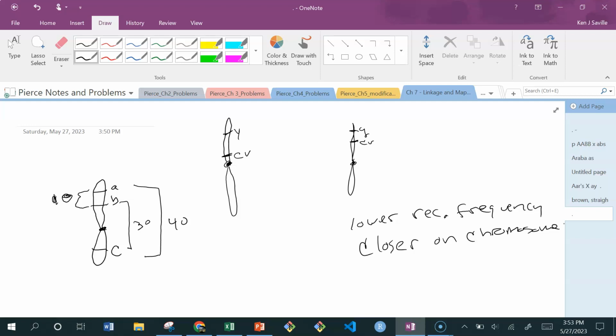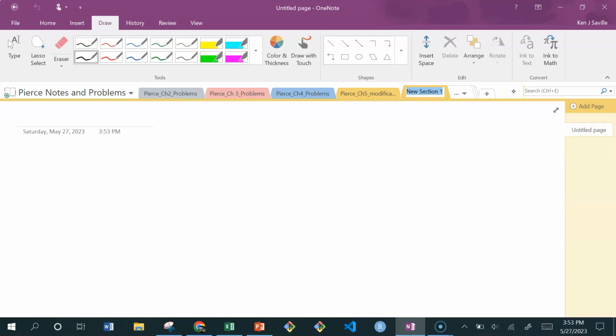So how do we use that info to make a genetic map? So let's say we've got 3 genes. We've got the A and the B gene, and we do a cross. And the way we figure out these numbers, we're going to say genetic distance, and genetic distance is in map units. And map units equals recombination frequency or percent.